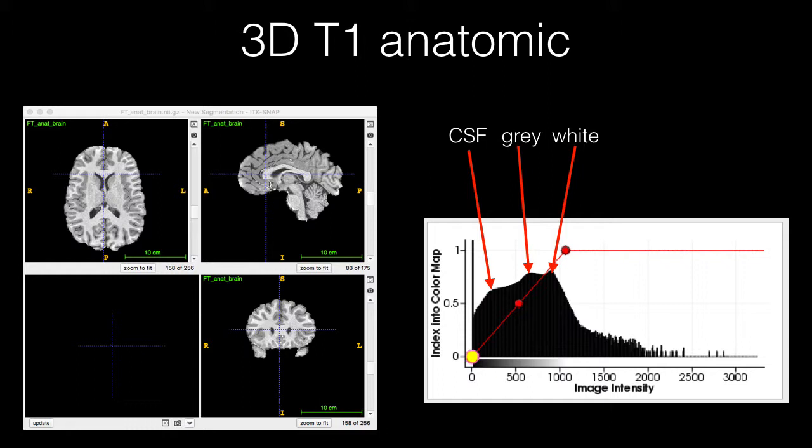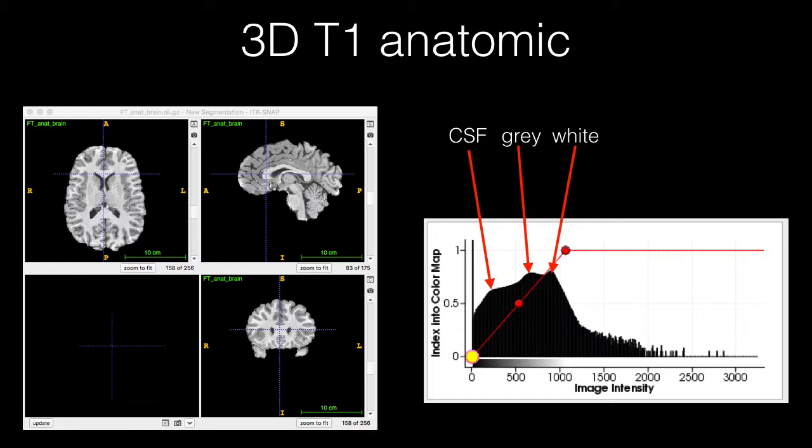We have very dark voxels, which have low intensities for cerebrospinal fluid, and very bright voxels, which have high intensities for white matter, and then medium dark voxels in between representing gray matter. And obviously, those tissue type differences in intensity are what allow our visual system to find boundaries among adjacent structures.